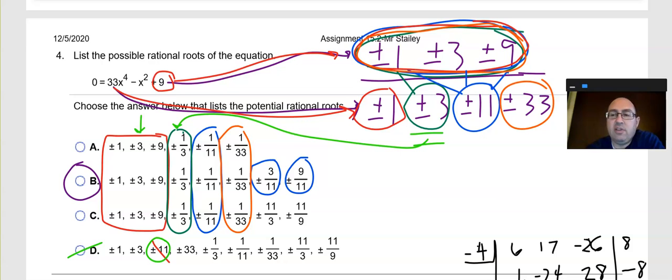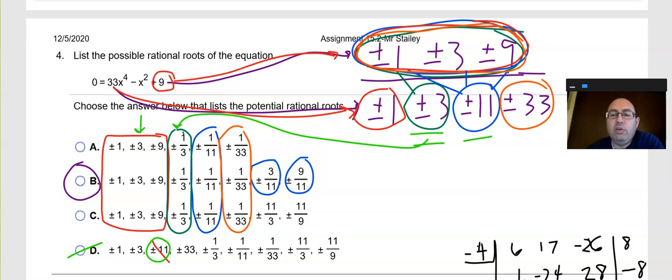All my choices that were left, A, B, and C, they all had 1/3 in them. But then if you go to 3 over 3, well, we already have that. We call it 1. And 9 over 3, we already have that one. We call it 3. So out of that group, taking the 1, 3, and 9 and dividing by 3, I only got one new one.